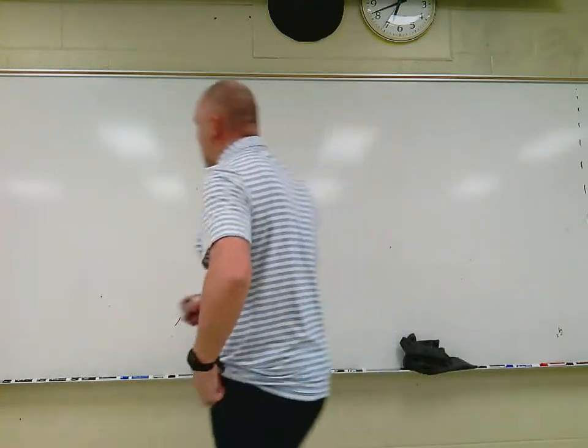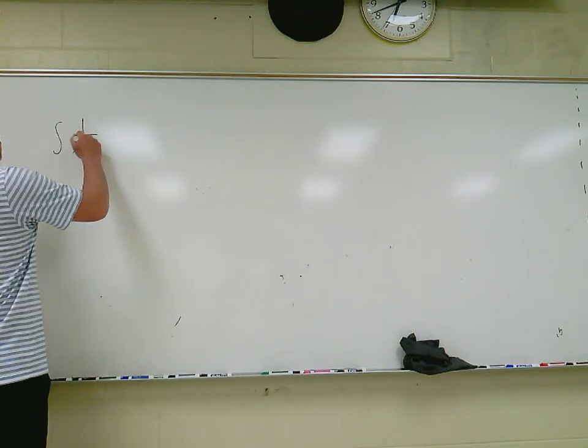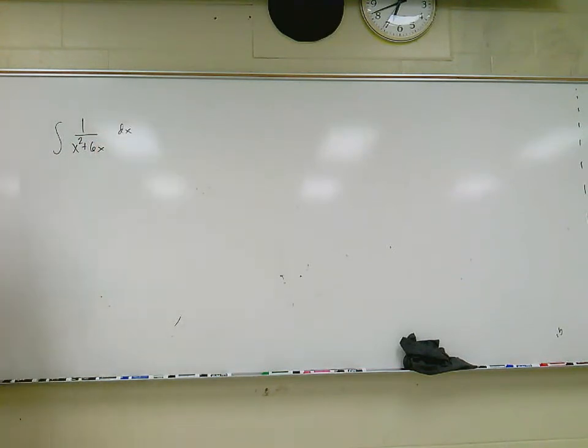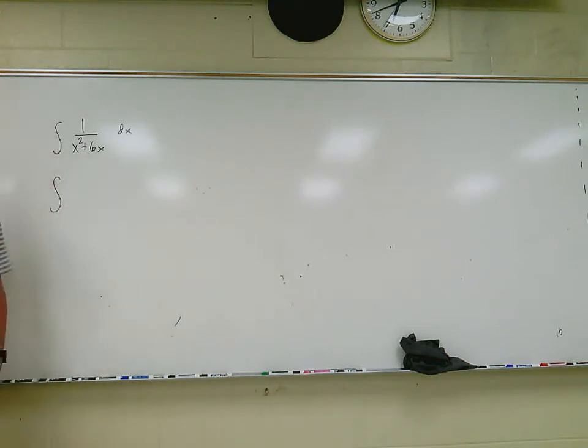So let's say we've got the integral of 1 over x squared plus 6x. If I'm going to guess as to one of the three, arc sine, arc cosine, or arc secant, which one would you say it's closest to? Tangent, because there's no square root, right? So this is an arctangent, and we will use arctangent to do this.